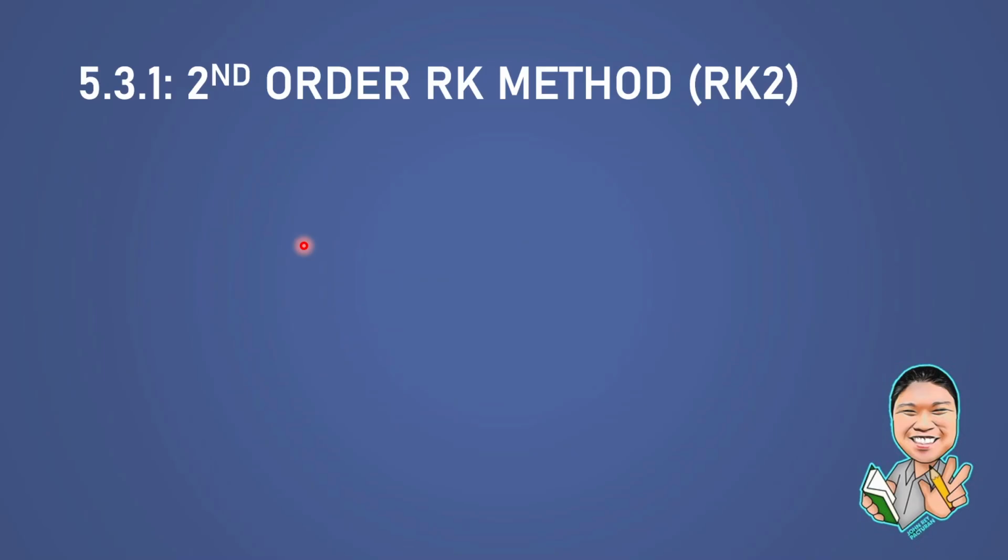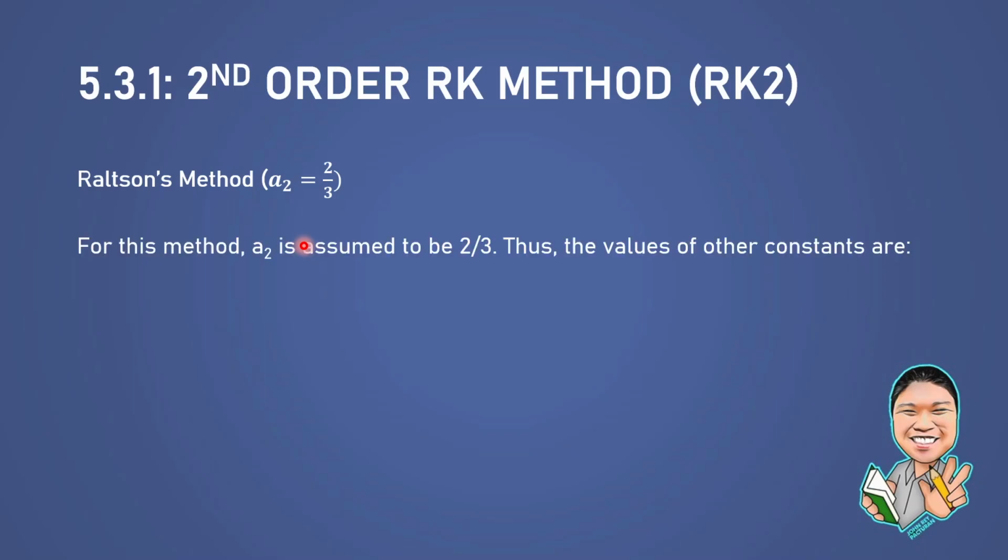And lastly, this is the new one, Ralston's method. In Ralston's method, a sub 2 is assumed to be equal to 2/3. So when we substitute a sub 2 equal to 2/3, our other constants are: a sub 1 becomes 1/3, p sub 1 becomes 3/4, and q sub 1 is equal to 3/4.